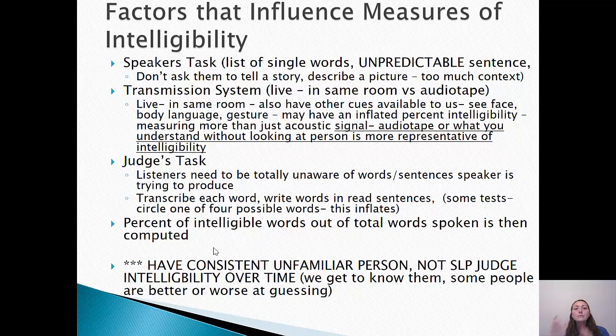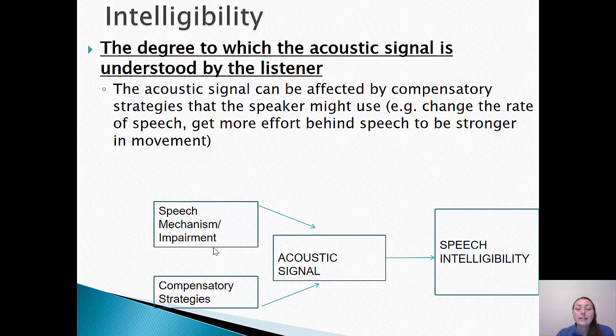So when we think about this, speech intelligibility is the communication partner's understanding of the acoustic signal. So if I'm working with a patient who has dysarthria, I am the rater of that individual's speech output, of how much I understand of that.